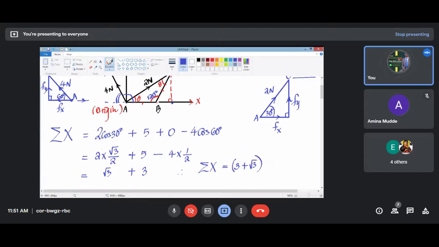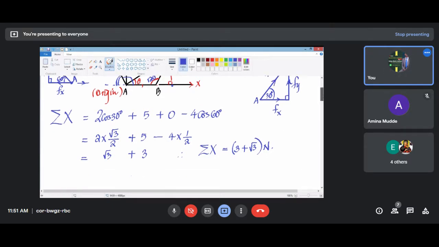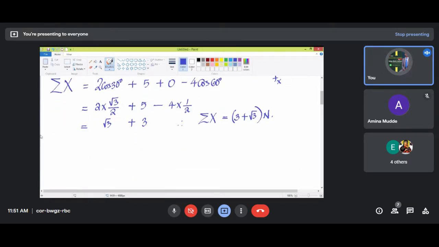Keep it in that exact form. Keep it as a surd. Can we go to the summation of y, the summation of the vertical components? Can we start off with the vertical components? What is that arrangement that we do have?